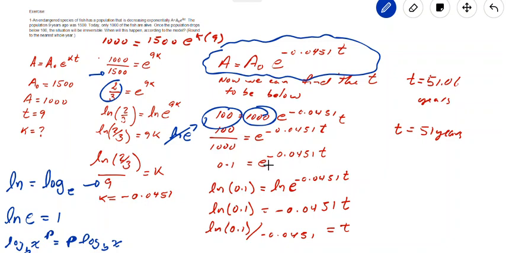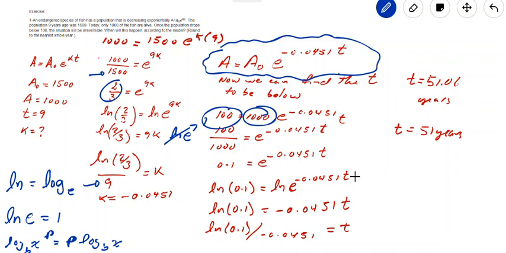I will apply the natural logarithm to both sides to do exactly the same thing that I did before, but in this case, instead of solving for k, I will be solving for t. So I have the natural logarithm of 0.1 equals the natural logarithm of e to the power of negative 0.0451t.